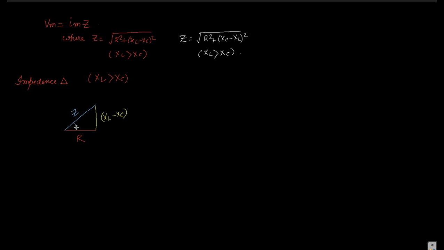This is the phi. And if XC is greater than XL, then what is the triangle? That is R, this is XC minus XL, and the resultant of these two is the Z, and the angle between R and Z becomes phi. These two are the impedance triangles. So for case 1 and case 2, depending upon the case, you can find it.